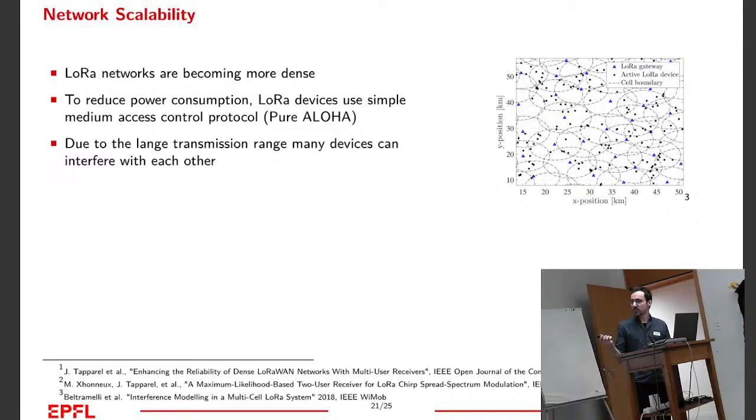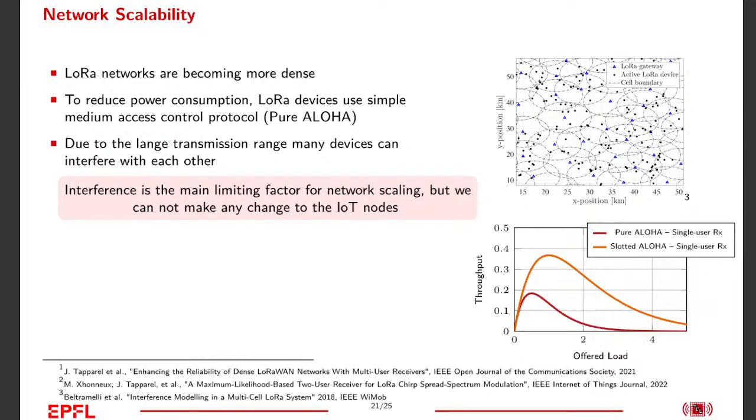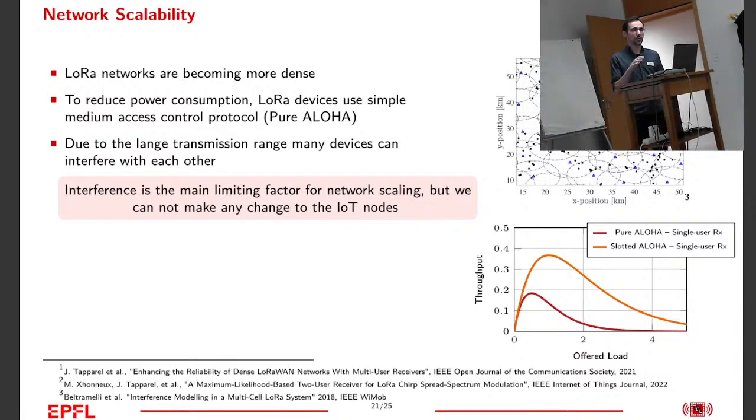So that's a real issue, and it's known that for pure LoRa, which is the name for just sending whatever you want, it's a very bad way of using the channel to transmit. For example, this picture doesn't need too many details, but with pure LoRa, you would have only 18% of the time at most that you can use for valid transmission.